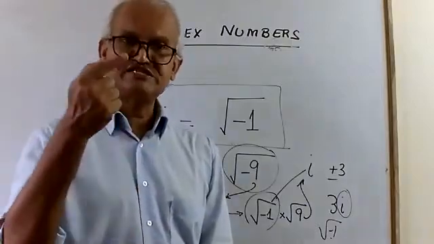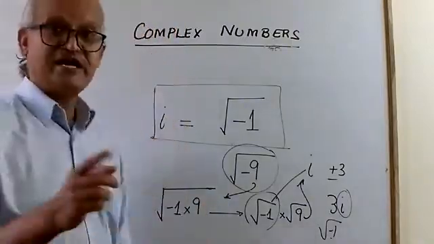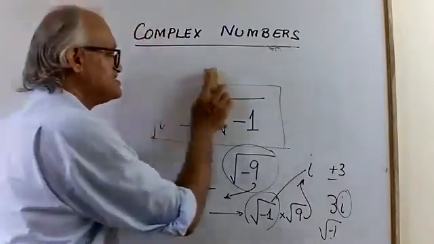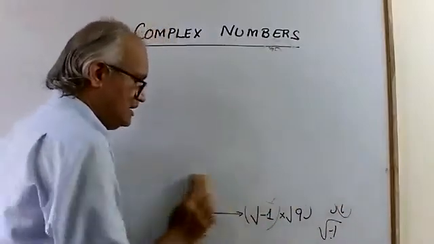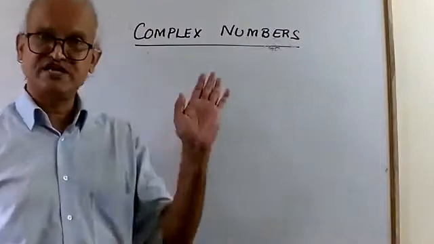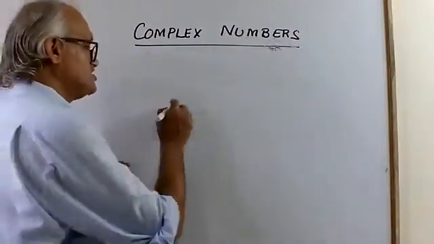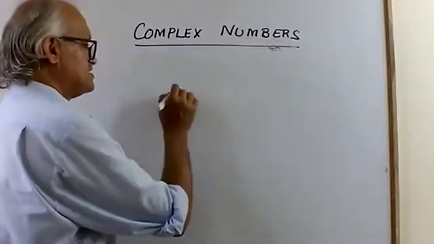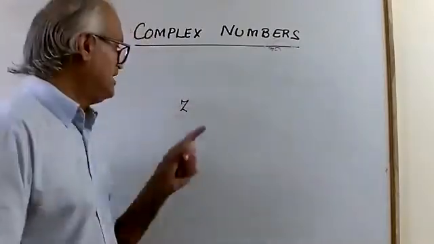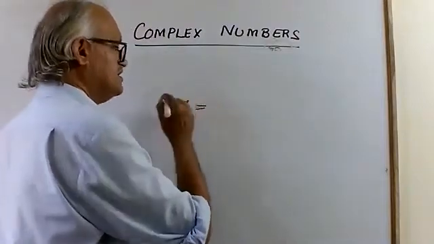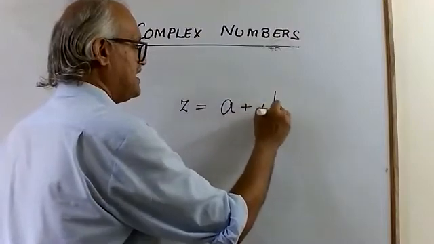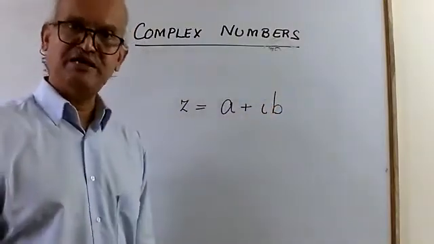However, we want to go a little step ahead and talk about what exactly is a complex number. A complex number we represent with the English alphabet small z. We have used capital Z for the set of integers. Here we are introducing small z as a symbol of a complex number, and we define this as a number which has a representation like a plus ib.